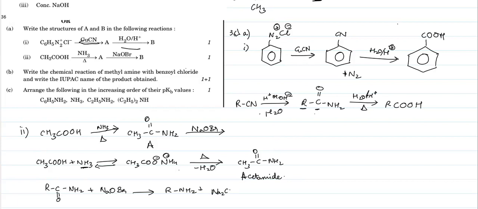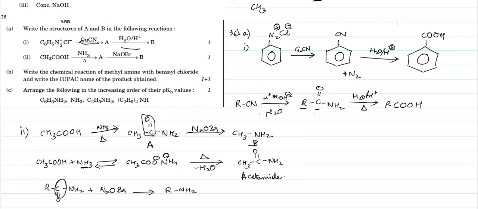Actually, the byproduct would vary, but we are only concerned about this particular product. So basically, an amide is getting converted to an amine, and you have the loss of the CO carbon. So the CO is going to get kicked out, and the product is going to be CH3NH2. So an amide is converted to an amine, and this is product B.